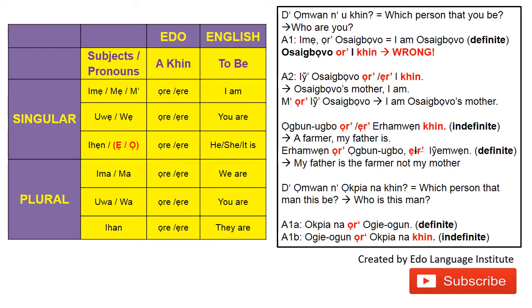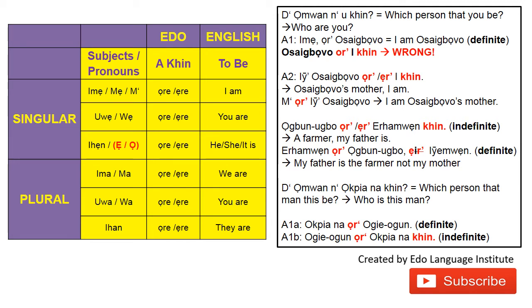However, if you say Ogyogun or Bianachin, it's indefinite. So you're saying this man is a blacksmith, not a particular one, not the one I was talking to you about, but just a blacksmith. This man is a blacksmith.